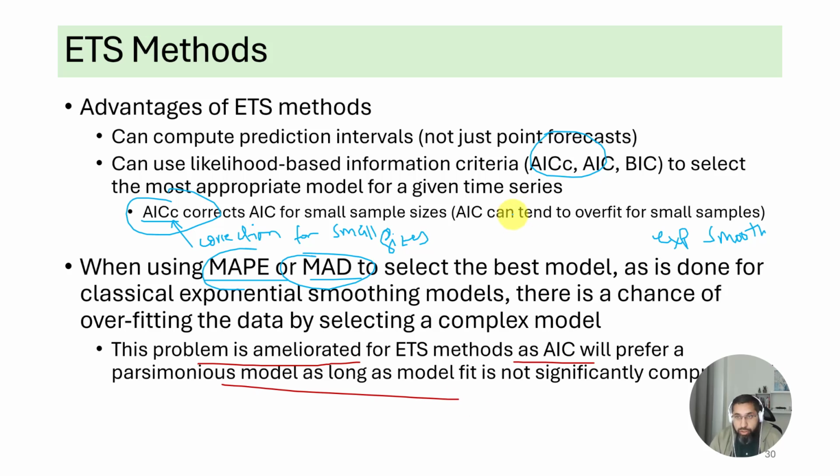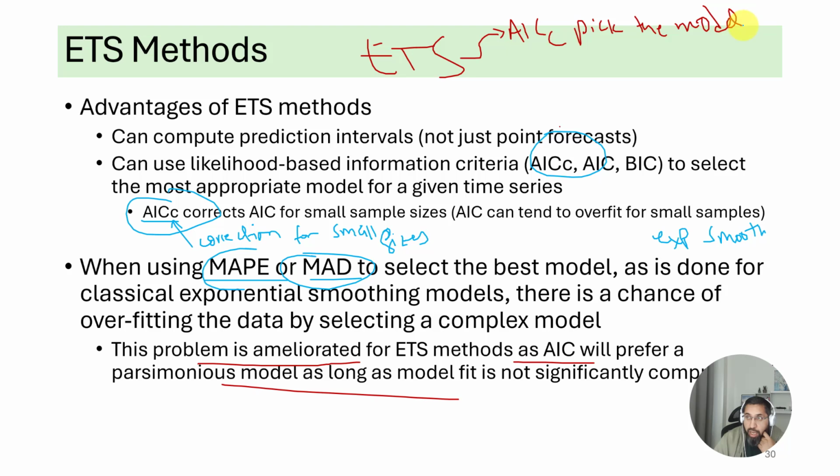Okay, so if you're given a choice, if your software supports it, just use ETS methods. Forget exponential smoothing. That's the old stuff because you're going to get a lot of benefits. AICc is going to pick the best ETS model for your time series, and the computer software will pick the best ETS model for each product you have.